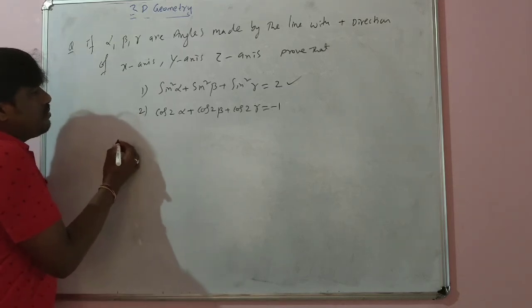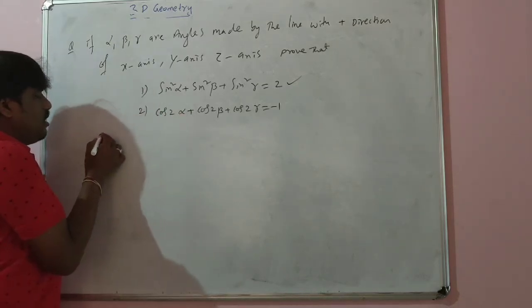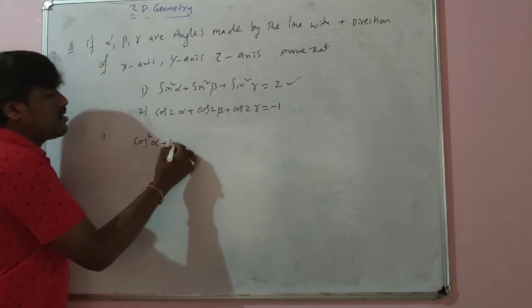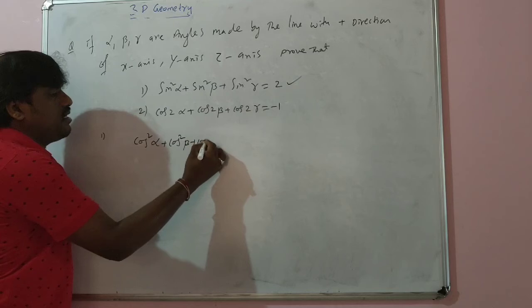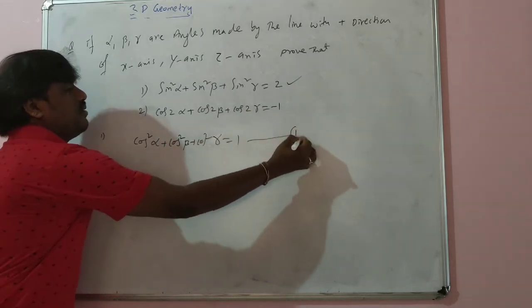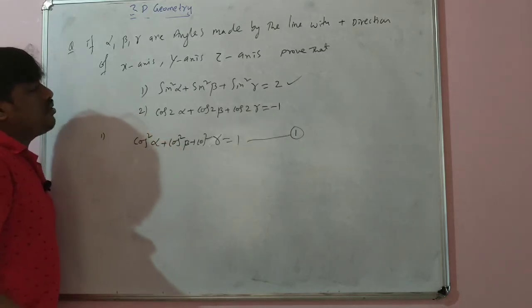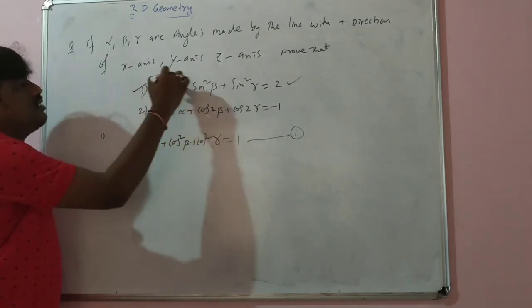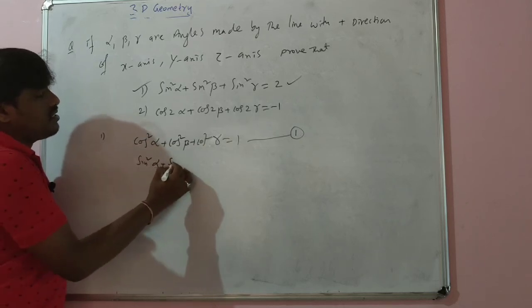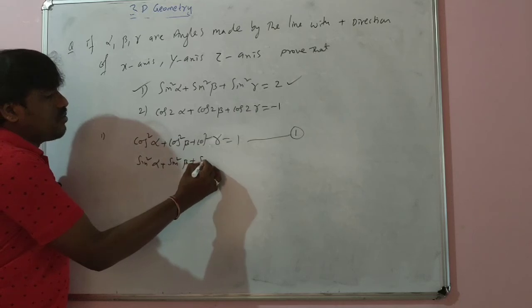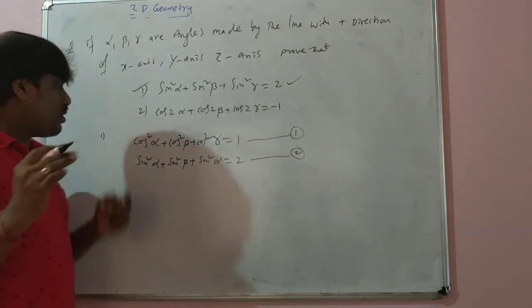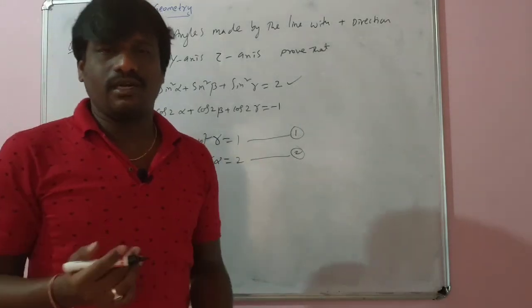So what I do here: we know already that cos square alpha plus cos square beta plus cos square gamma is equal to 1, correct? And you have proved already that sin square alpha plus sin square beta plus sin square gamma is equal to 2. So you have to use logic and a formula, that's it.